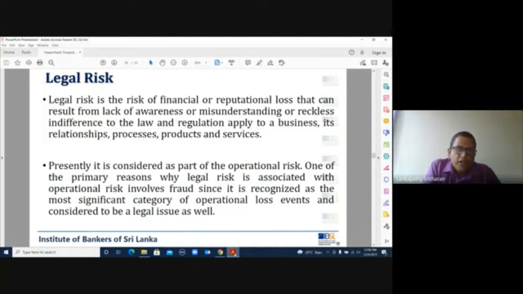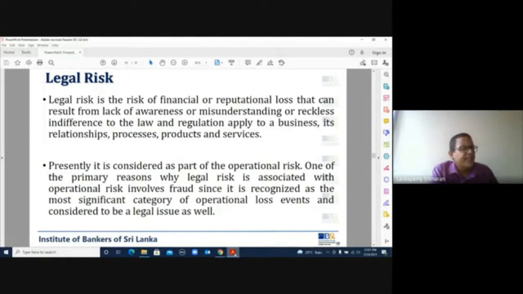Even 2-3 days ago, there was a press release made by the central bank, the FIU, Financial Investigation Unit, particularly. They announced that last quarter they imposed penalties on 2 banks for violating FIU rules or regulations. Maybe due to lack of awareness or mainly due to misunderstanding that could occur. But those types of risks create a reputational loss and a financial loss also, because they impose some penalties.